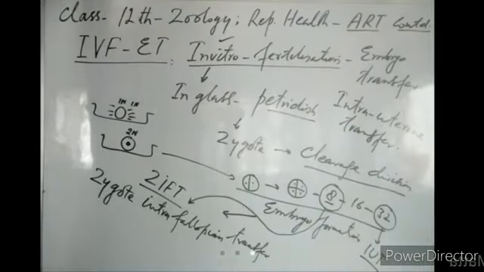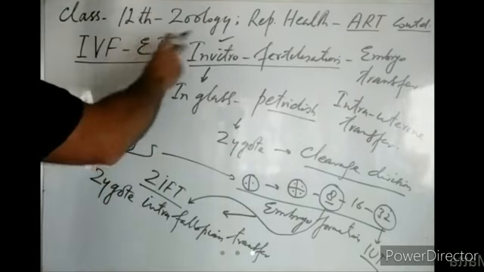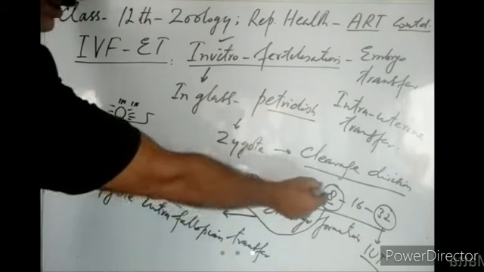Which procedure is involved in IVF-ET? In IVF-ET, first the ovum is collected from the female, sperms are collected from the male. Then ovum and sperm are put together in a glass petri dish where the sperm fertilizes the ovum and it forms a zygote. Then this zygote is stimulated for cleavage division. It forms two-cell stage, four-cell stage, eight-cell stage.